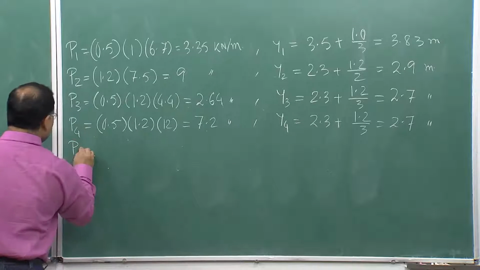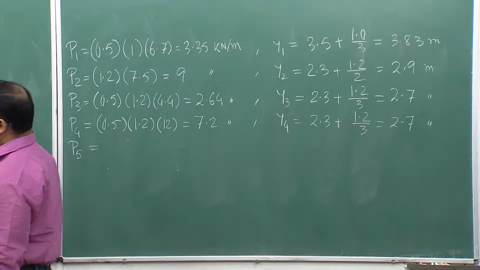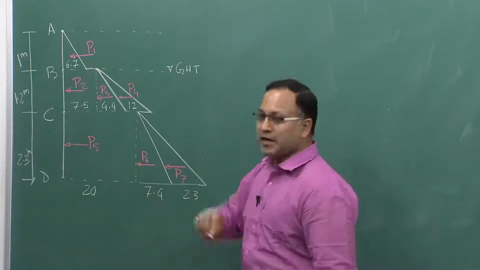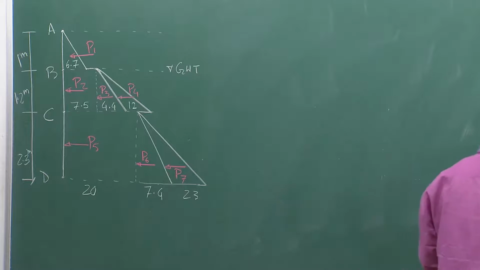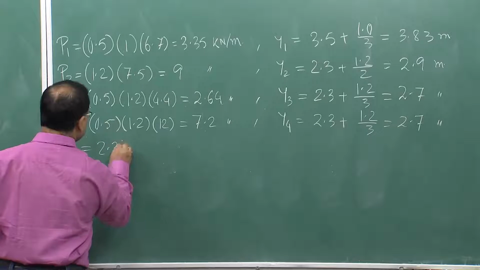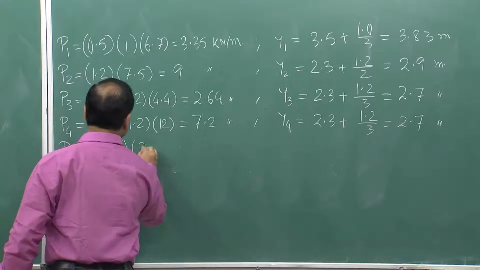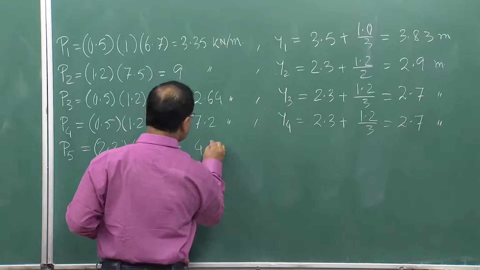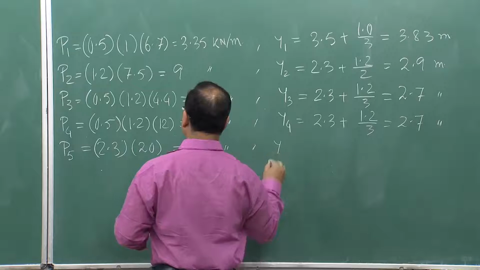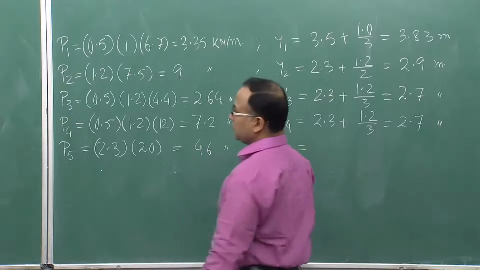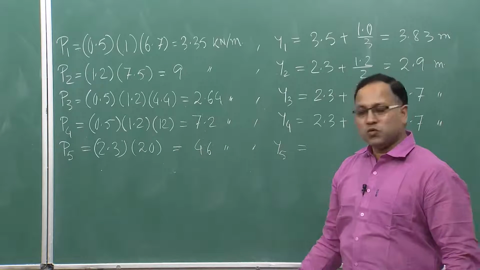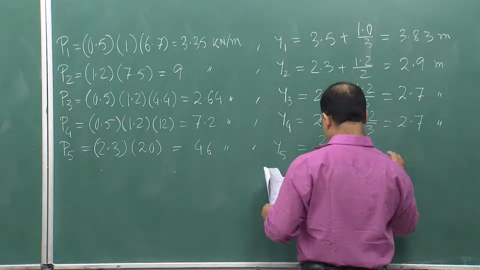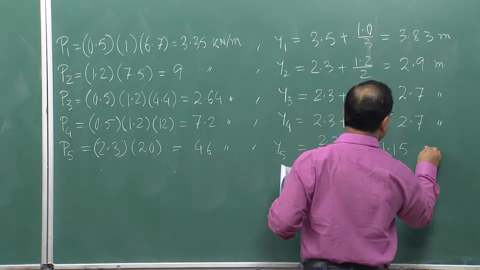Now, coming back to P5, what is P5? P5 is the area under this entire rectangle. So, P5 is nothing but 2.3 multiplied by 20, that gives me 46, and what is Y5? Y5 will be simply 2.3 by 2, which is equal to 1.15 meter.